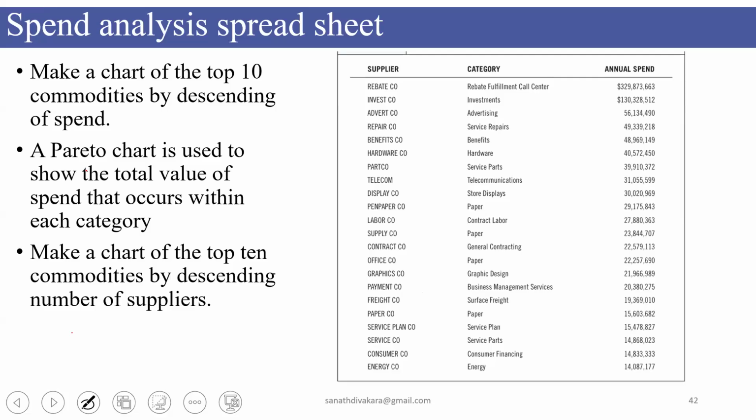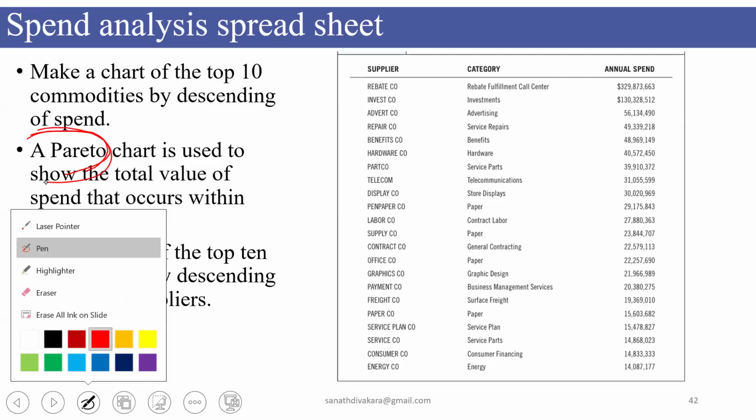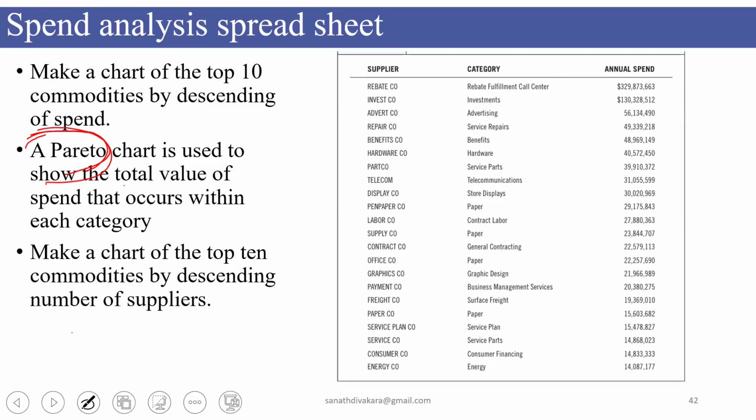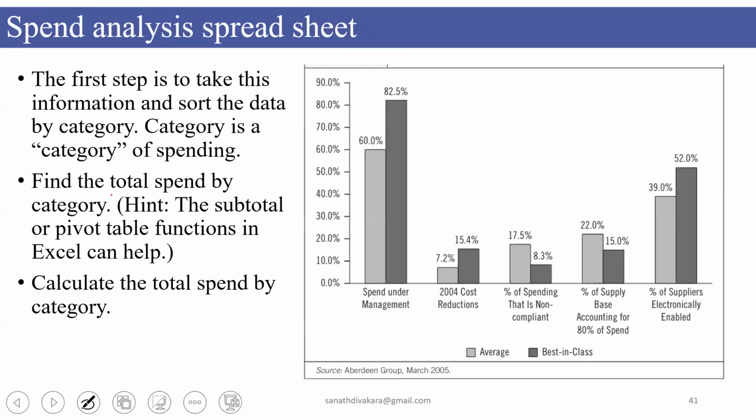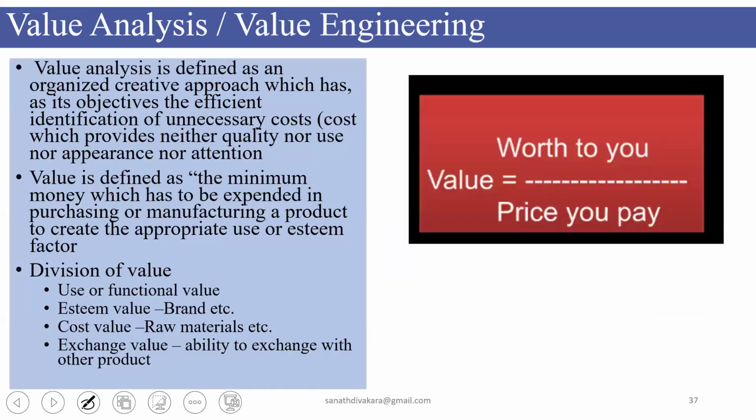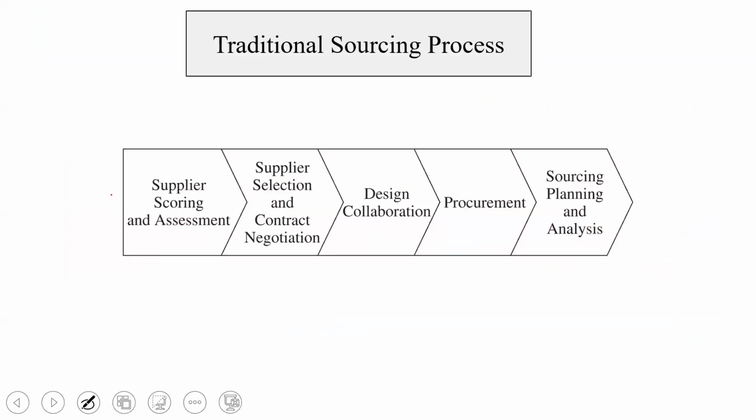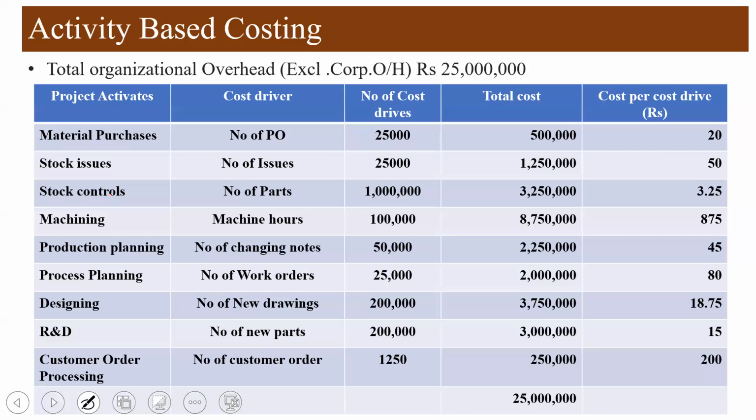What is a Pareto chart? When you get this kind of number of items, you have to use the Pareto chart, right?